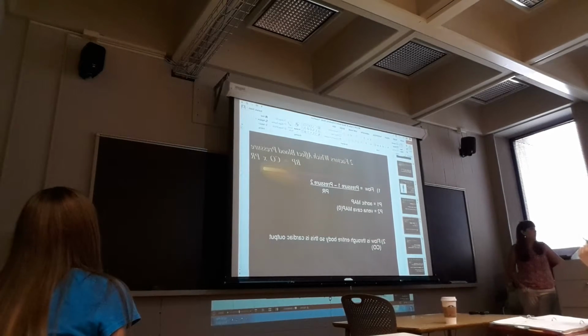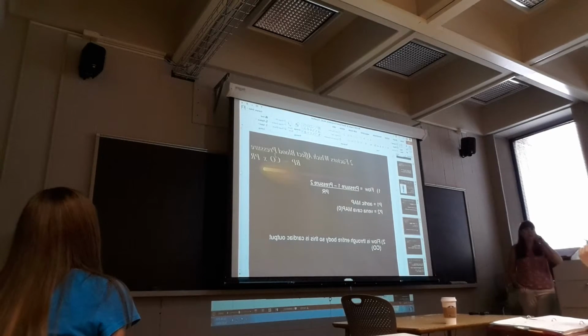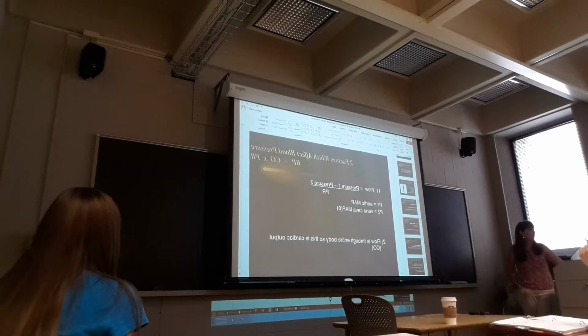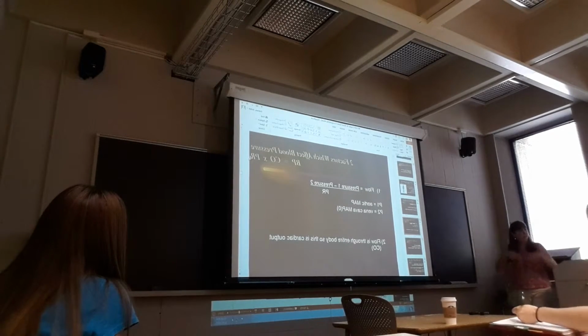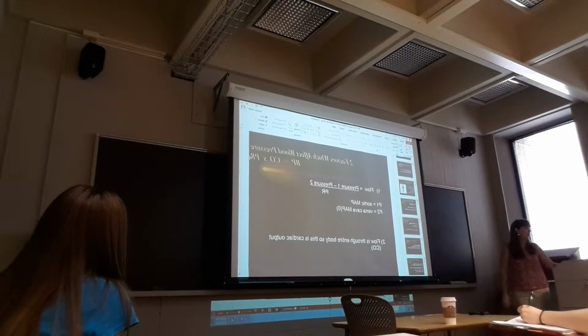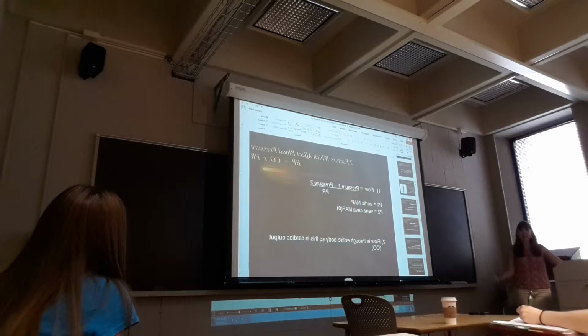So blood pressure is cardiac output, how much blood we are pushing around our body, and peripheral resistance, over what area. So we're moving blood far away from the heart. The flow is through the entire body, so cardiac output is part of it, and the resistance is part of it because we're moving it through our whole body.